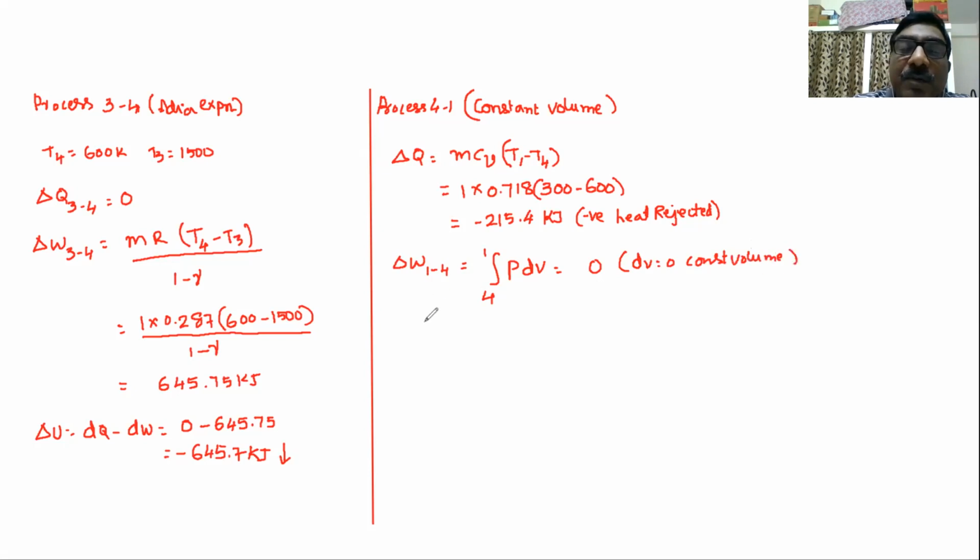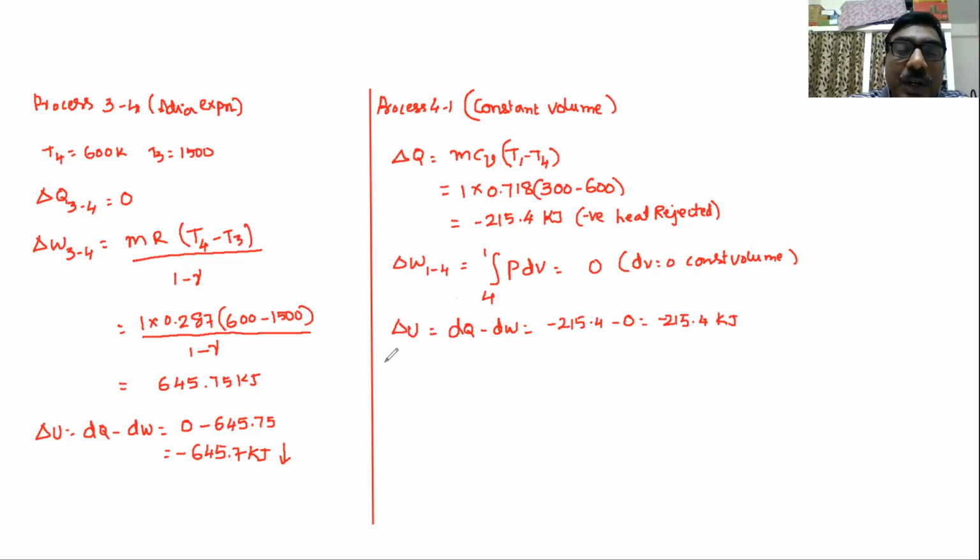Always remember, when volume is constant, work done is 0. Okay, so what is the change in the internal energy? It is dQ minus dW. What is the dQ? Minus 215.4, minus dW which is 0. So this is minus 215.4 kilojoules. So here also the internal energy is decreasing because heat is getting rejected.